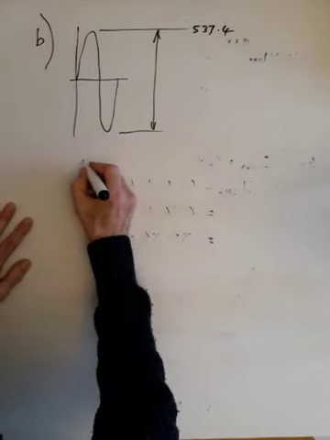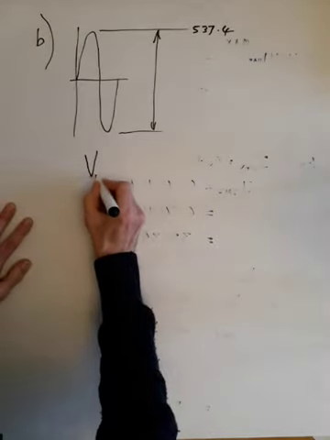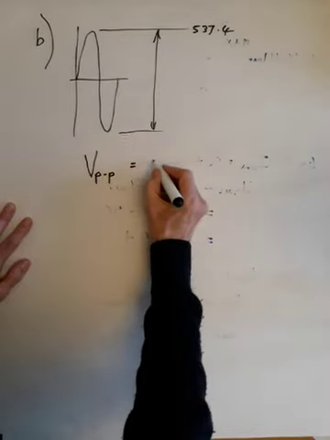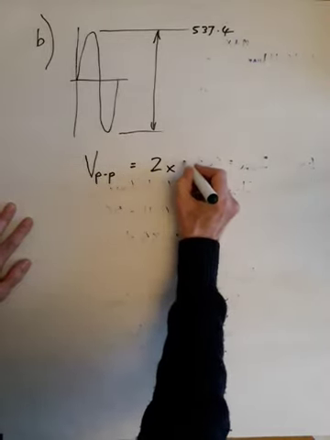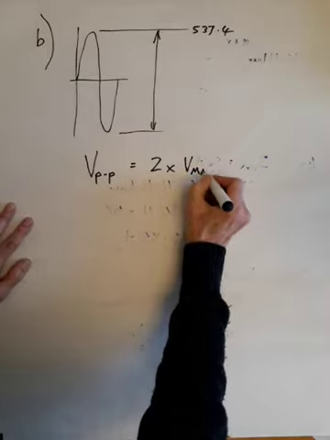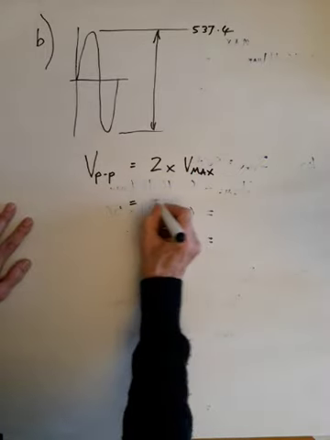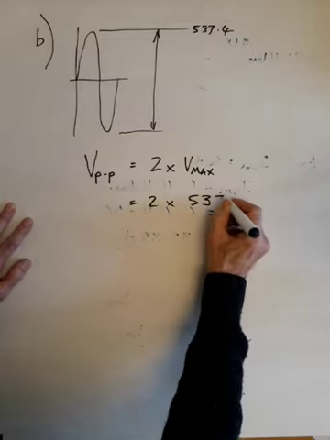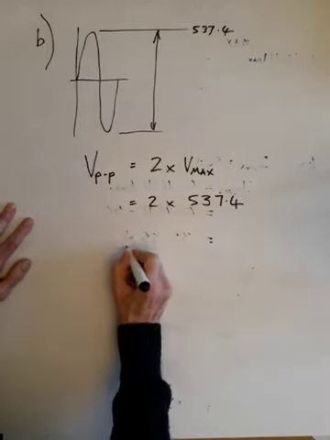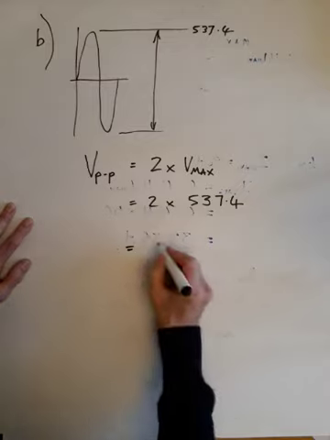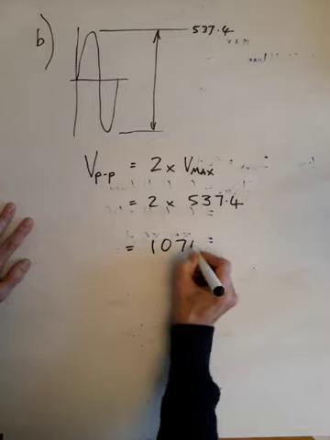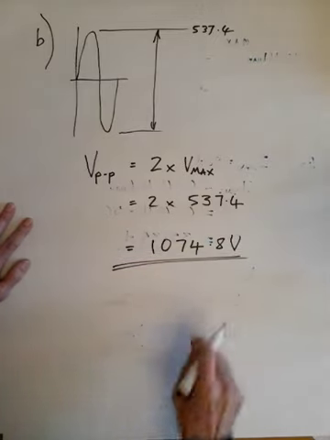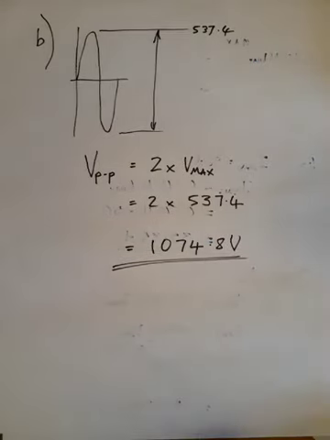So the peak to peak, V peak to peak, is 2 times V max. 2 times 537.4 equals 1074.8 volts. Hope that comes out clearly. Running short of paper.